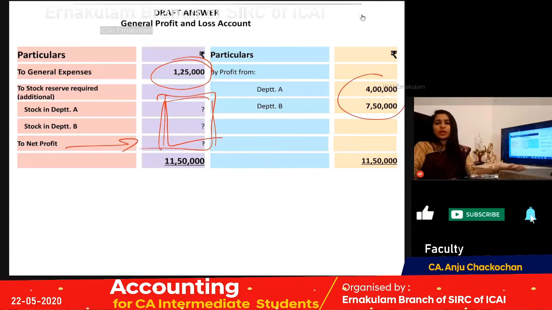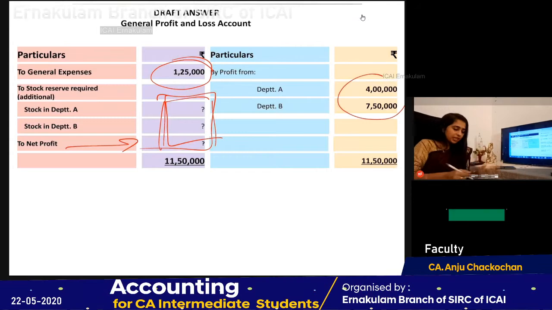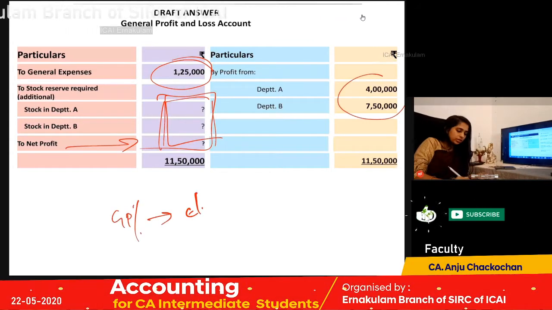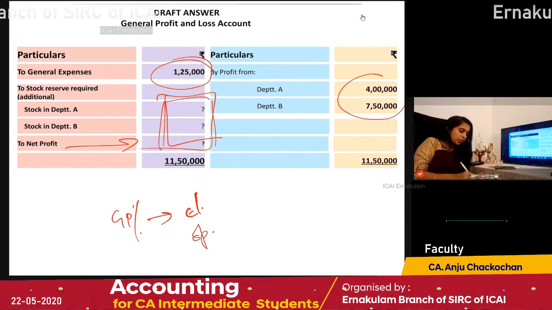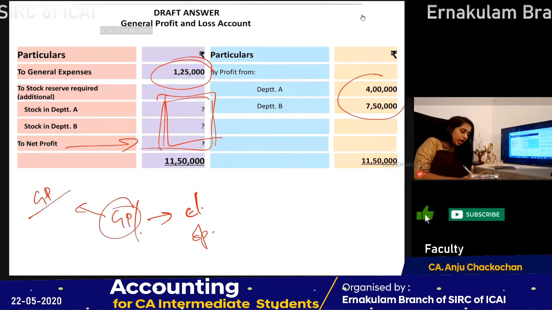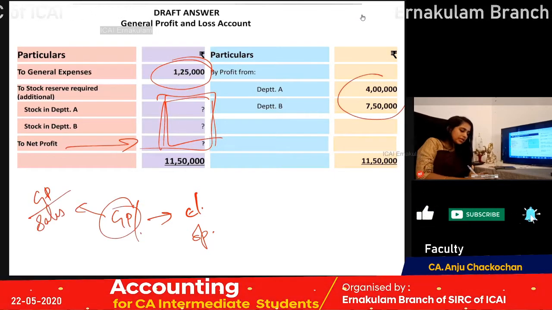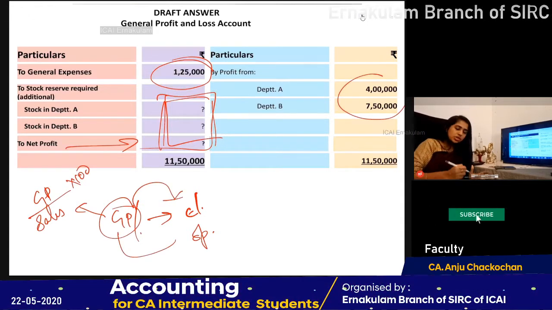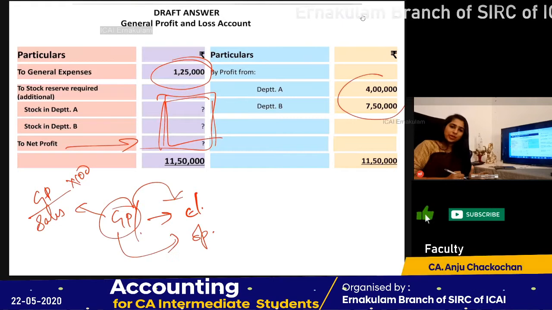Gross profit by sales into 100 gives you the GP percentage. Apply the GP percentage to the closing and opening stock. This is the only task.